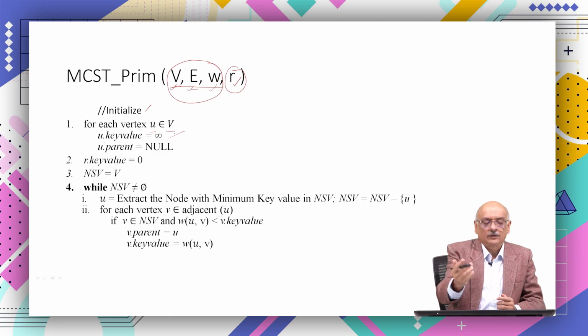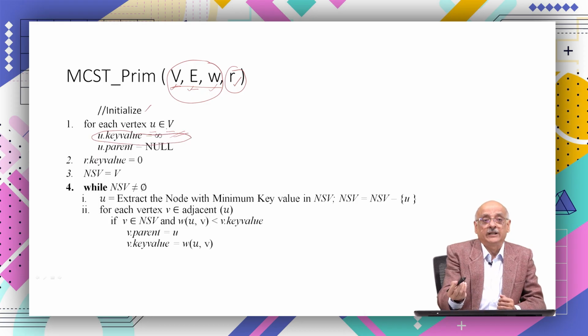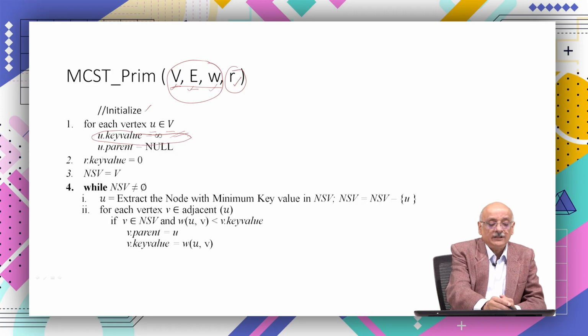This key value will basically be representing the weight in a particular way. For each vertex you are doing it, so for as many vertices or key values as you have specified. Then U dot parent is specified a null value.